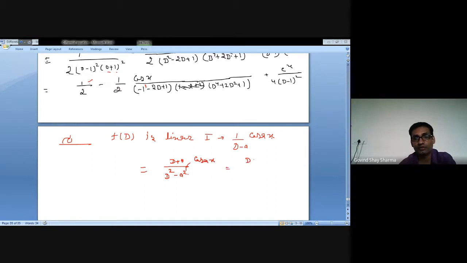So d plus a over minus a square minus a square, cos x. So this becomes sin ax and cos ax, minus 2x.